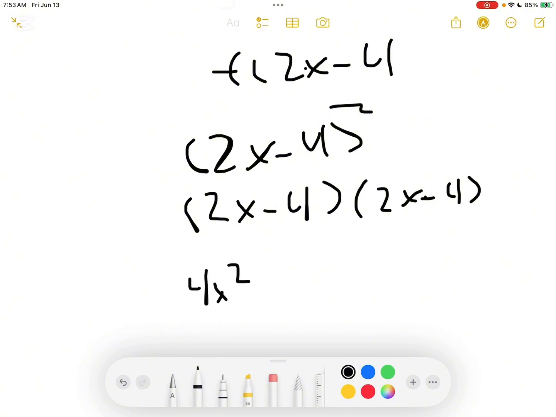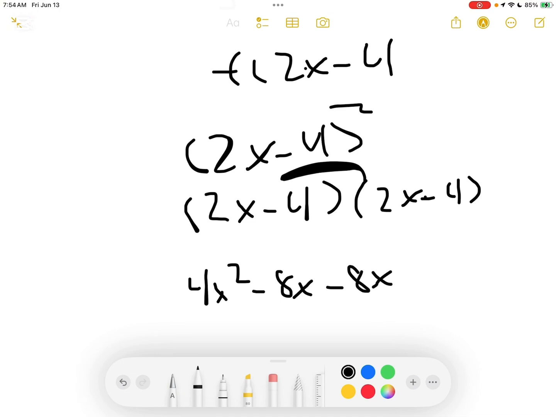2 times negative 4 is negative 8x. 2 times 4 times negative 4 is negative 8x.